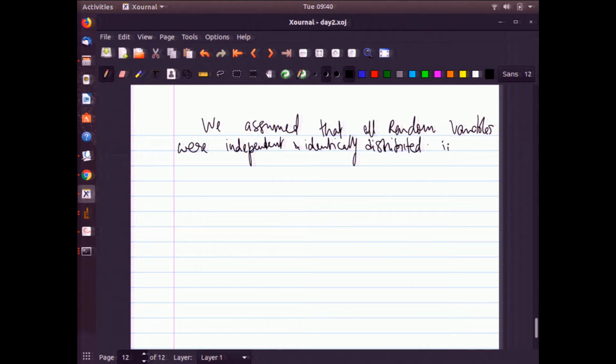This is usually called IID, right? Independent and identically distributed. They all were uniform, and no random value depended on the position of another random value.